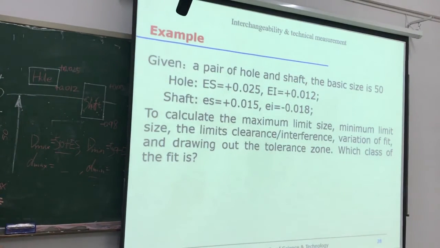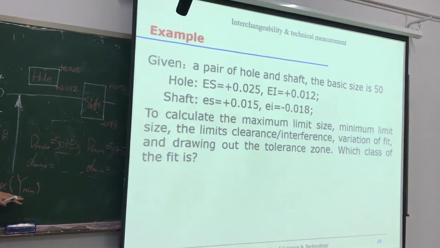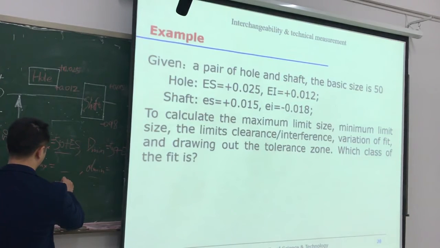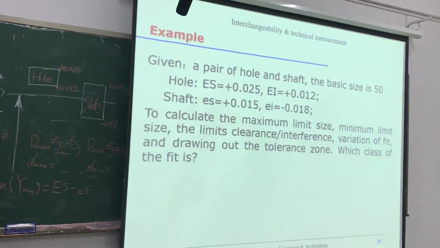In fact, the calculation of maximum clearance is the same as the minimum interference. You will find this in your textbook. The calculation is the same. The maximum interference calculation is the same as the minimum interference. It equals ES minus EI.